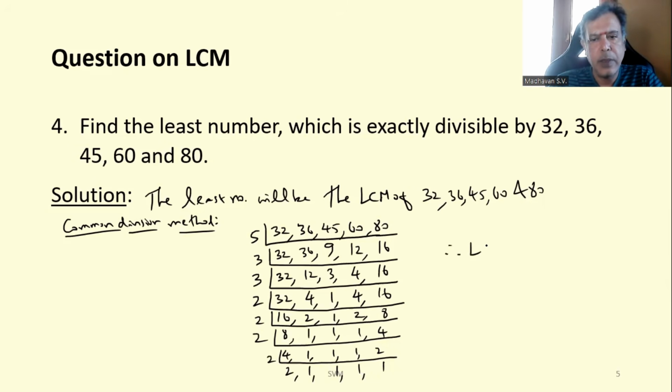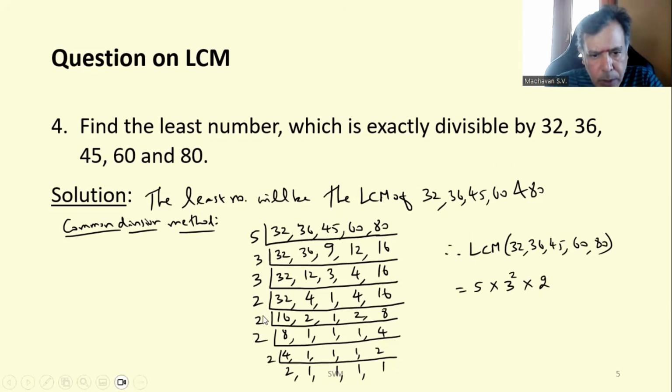Therefore, the LCM of 32, 36, 45, 60, and 80 will be 5 multiplied by how many 3s are there? 2 3s are there. How many 2s are there? 1, 2, 3, 4, 5. So 2 power 5.